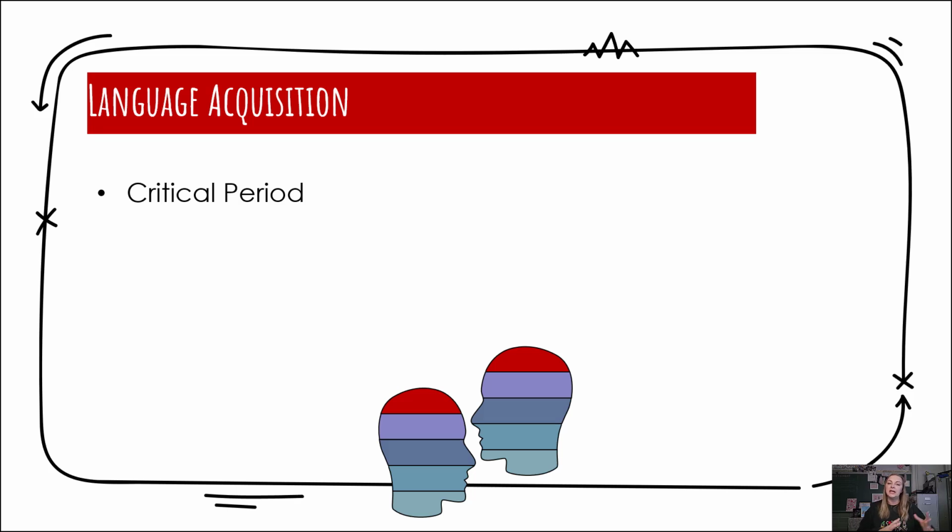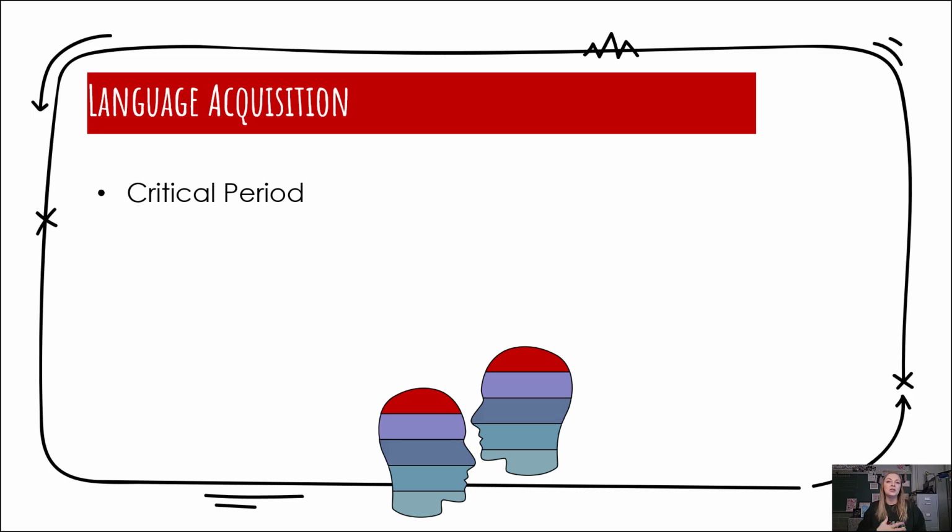So, for example, in language, we have a critical period of about 7 years. Those first 7 years of your life, you need to be exposed to language. If you are not exposed to any language in those first 7 years of your life, you will struggle the rest of your life to incorporate language into your development.